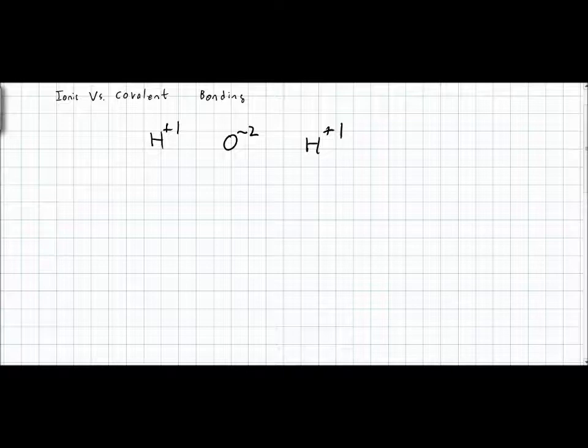And so what's going to happen is oxygen is going to have 2 electrons that it's willing to share. Hydrogen has 1 electron that it is willing to share. As to how many electrons each element is willing to share, we'll talk about in other videos when we talk about valence electrons, but that's yet to come. And so hydrogen has this electron, which in order to get a plus charge it has to give up.